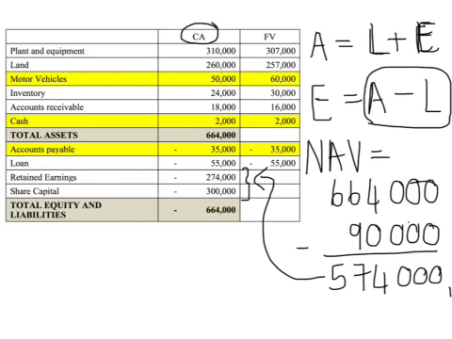Now let's first calculate the net asset value at fair value using the information presented in the table. So we've got different assets, and for this question assume that the plant and equipment and the land, the inventory and the accounts receivable is acquired by the company, and the loan is also taken over by the acquirer.